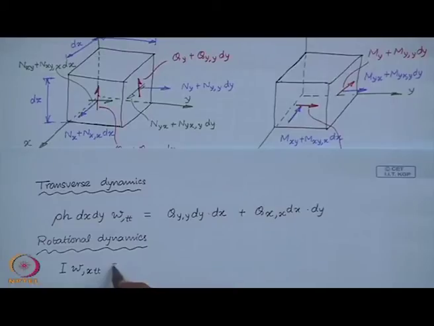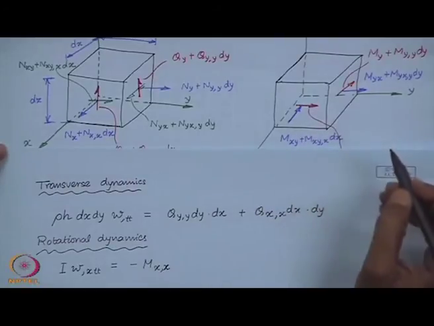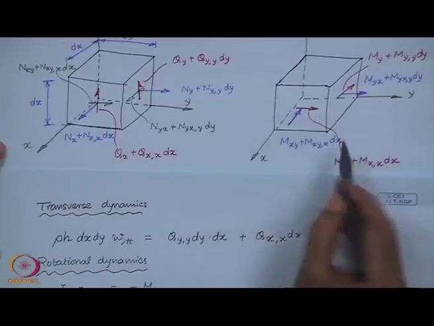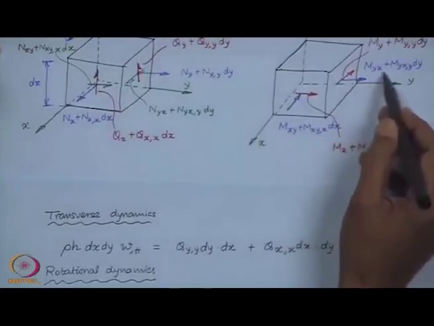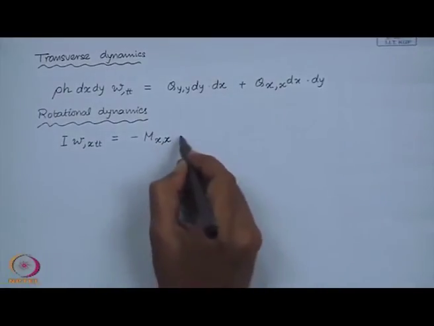So, this equals the moments. Because it is a rotation about the y axis, we have first this moment, then the moment because of y x.